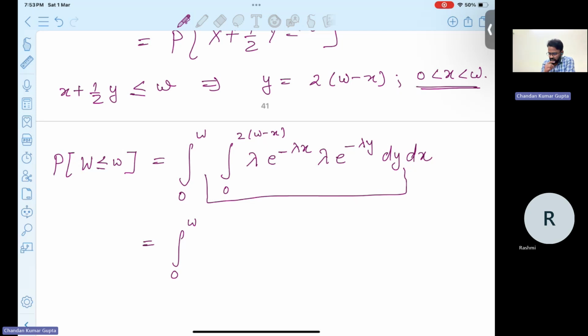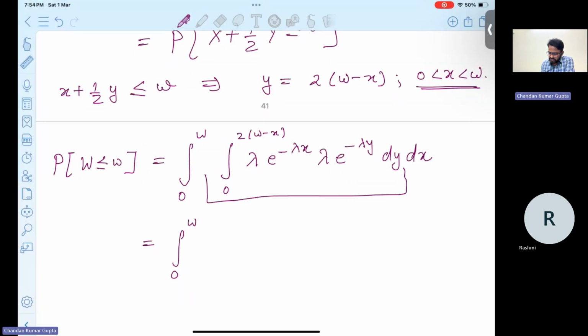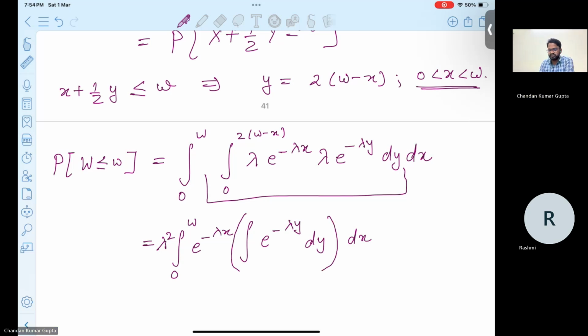Then the x term can be taken outside. So lambda squared, integral from 0 to w of e to the power minus lambda x, times the integral of e to the power minus lambda y dy, then dx, where y goes from 0 to twice of (w minus x).